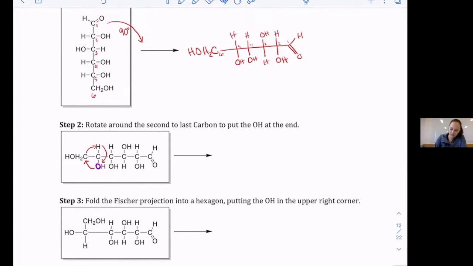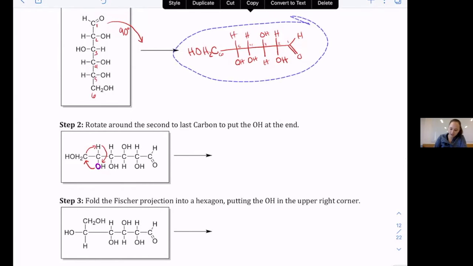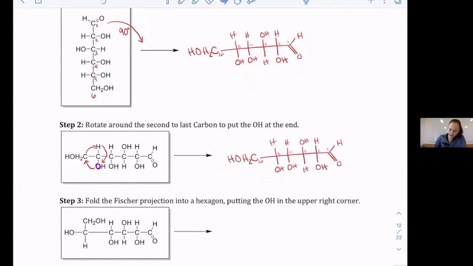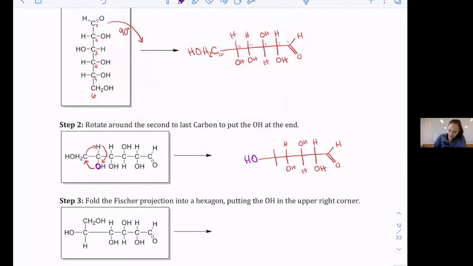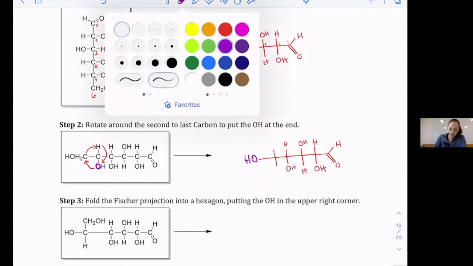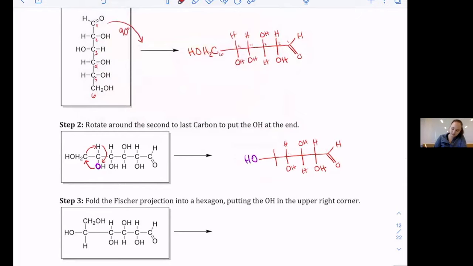I am going to cheat because I have an iPad right now, and I'm going to duplicate this structure and just erase parts of it. I'm going to rotate all of this and erase these numbers so that they're not in our way. Now the OH that we wanted in the horizontal plane is going to be where the CH2OH was.